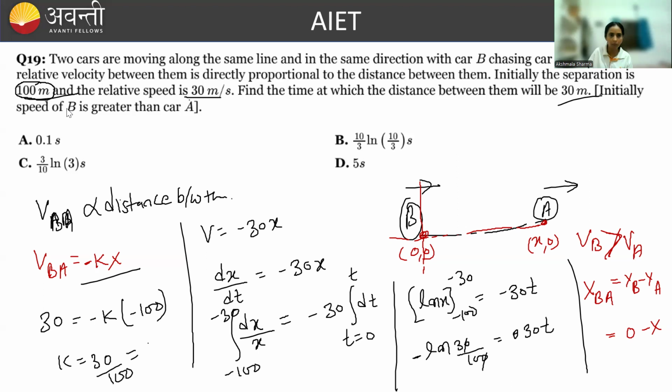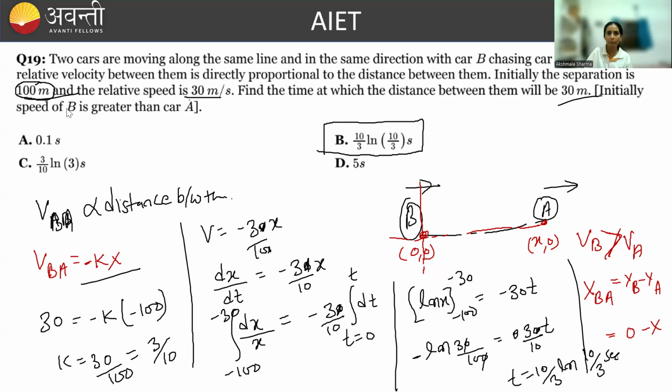So this will be 3 by 10. Now what will you write as the value of t? t is 10 by 3 ln 10 by 3 seconds. So the correct answer will be B. I hope it is clear.